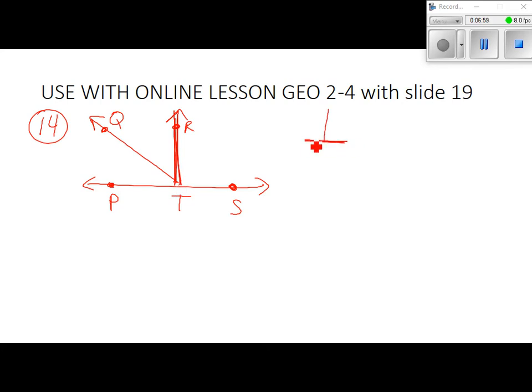Perpendicular. So TR is perpendicular to TS. So what's that tell us about this angle right here? 90 degrees. It's a right angle.